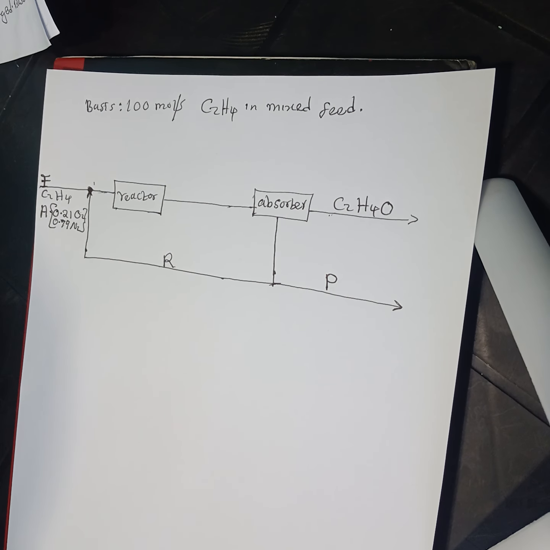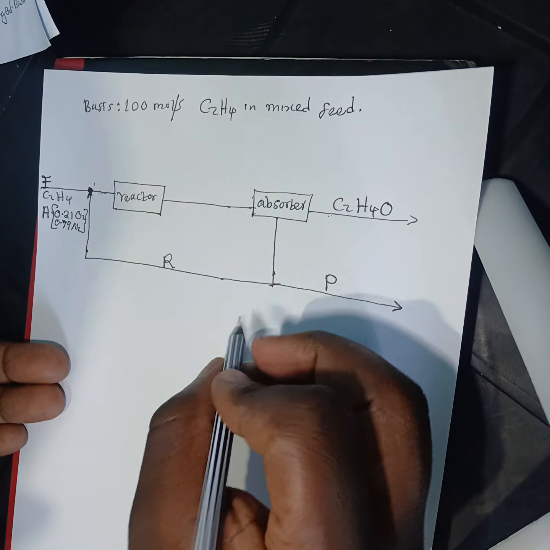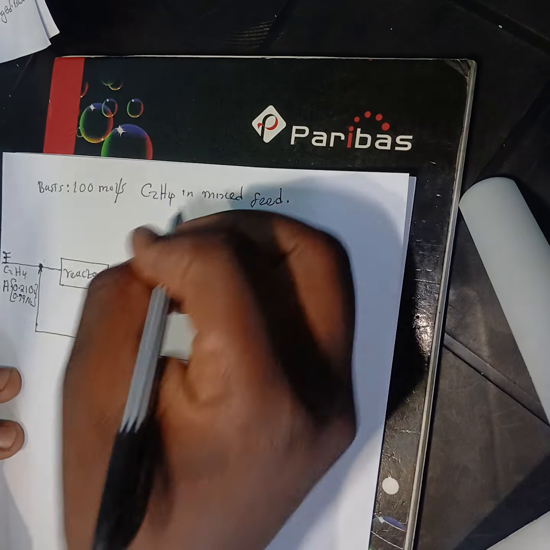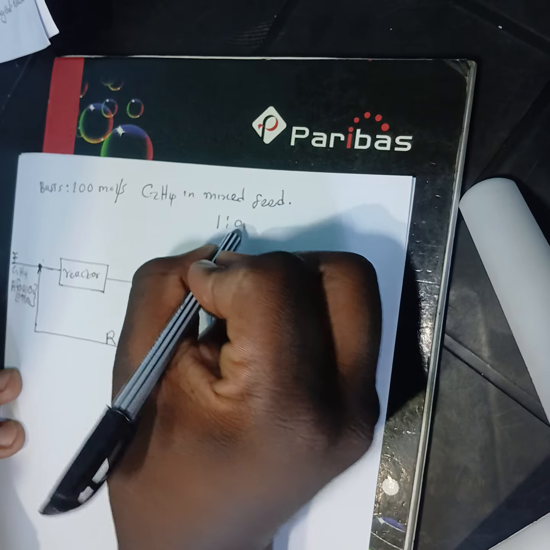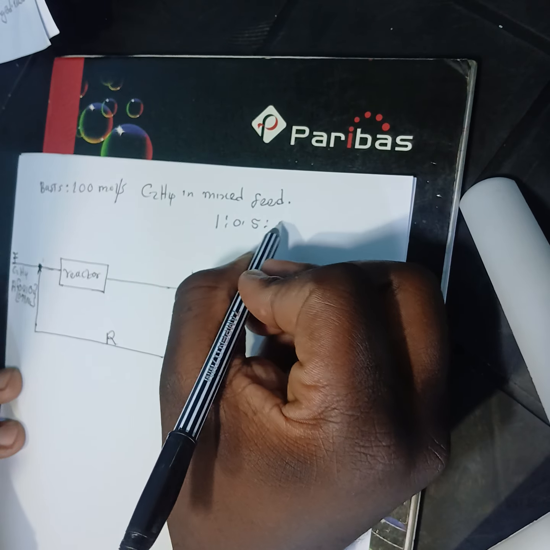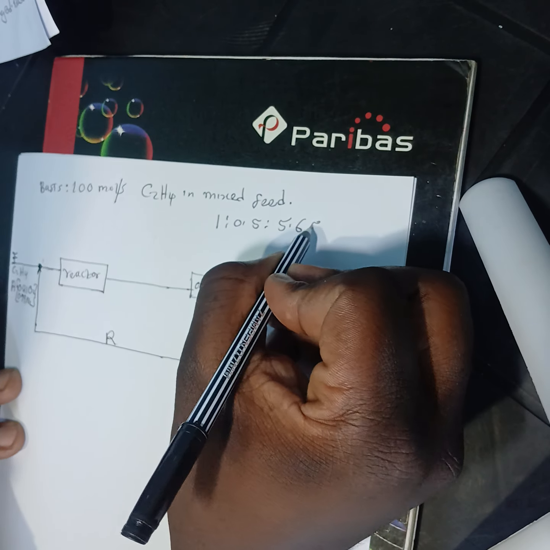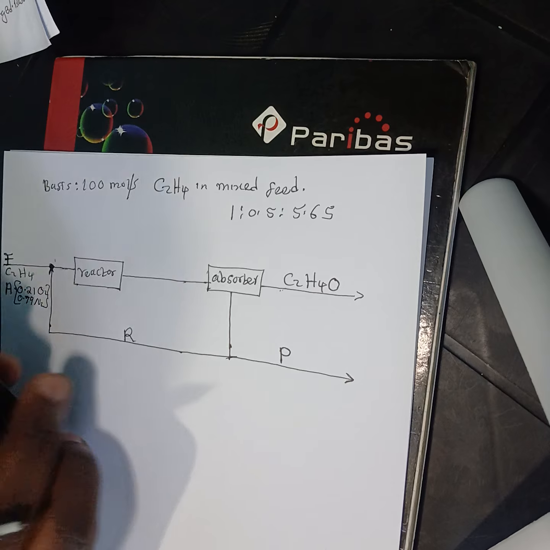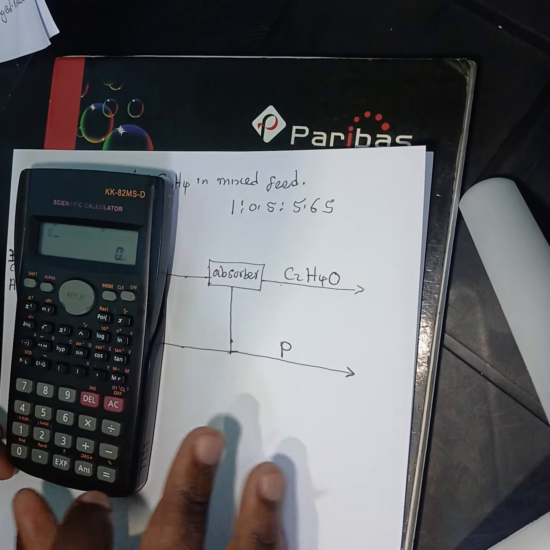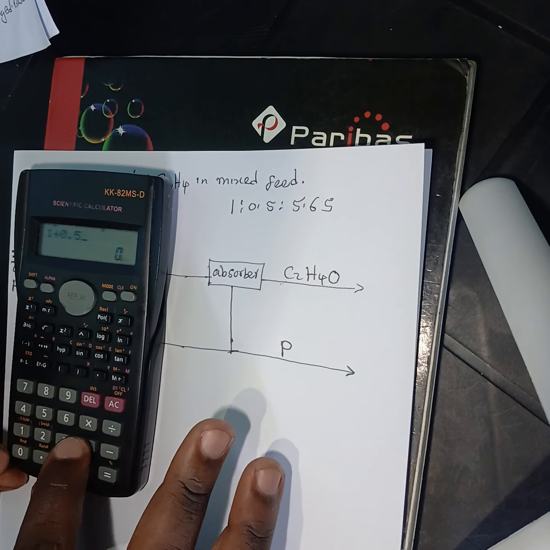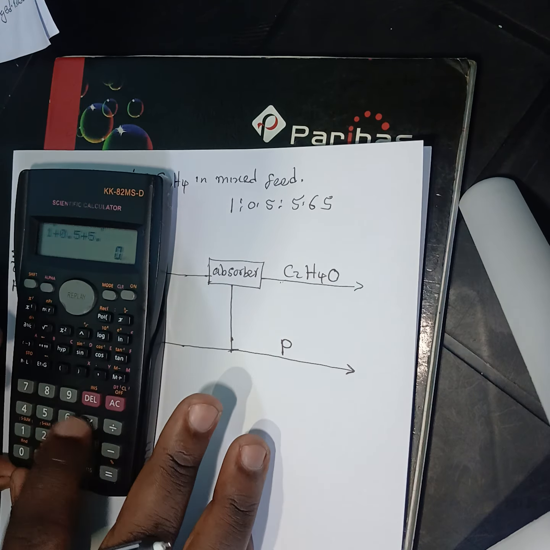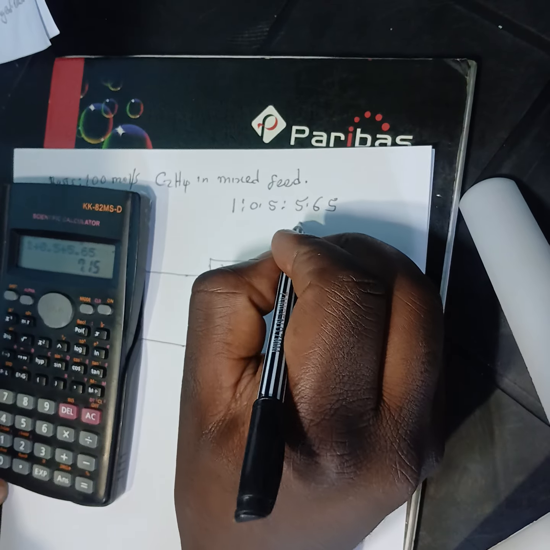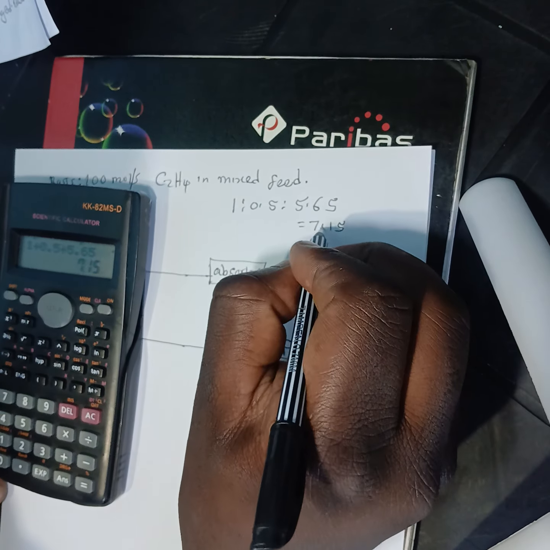So this has been given. The ratio has been given to be 1 to 0.5 to 5.65. So just like I said in class, here we are going to have 1 plus 0.5 plus 5.65, which gives us a total of 7.15.